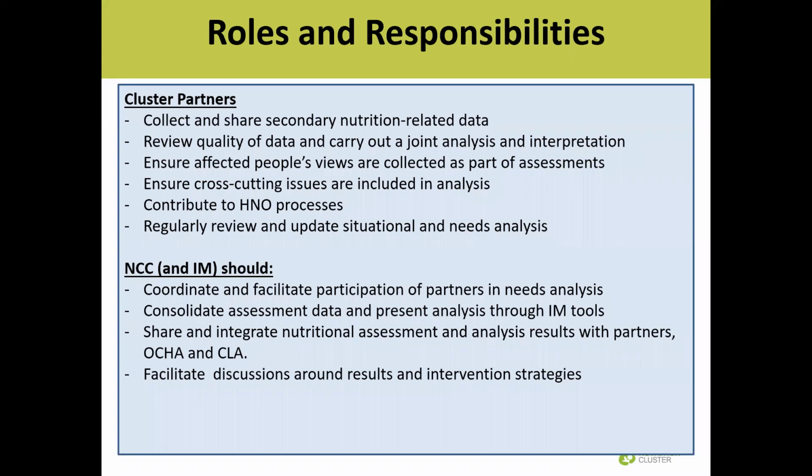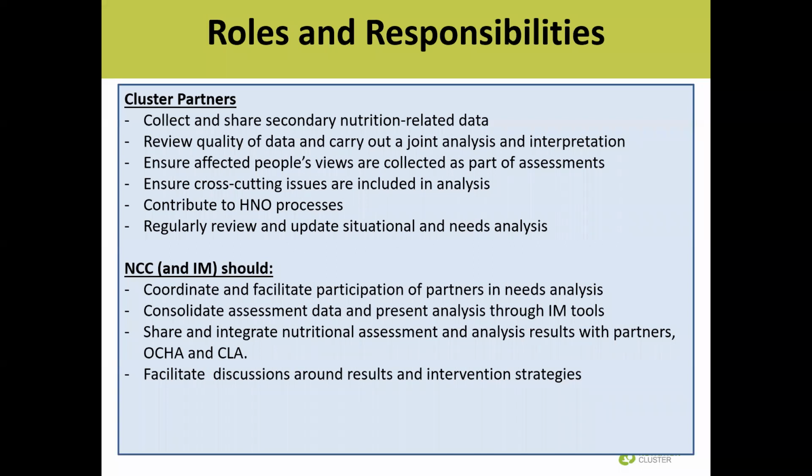The second important gap, which we need to keep in mind and address accordingly, is the output, the product itself. After the HNO analysis, we have the HNO analysis document. We know the geographic severity and programmatic severity of the nutrition needs. And we also have the HRP. All these products need to meet certain standards.